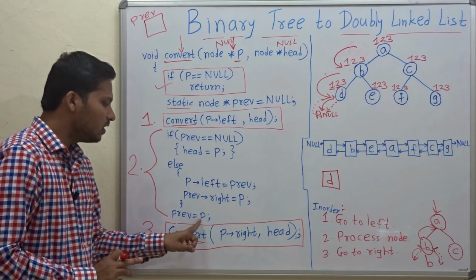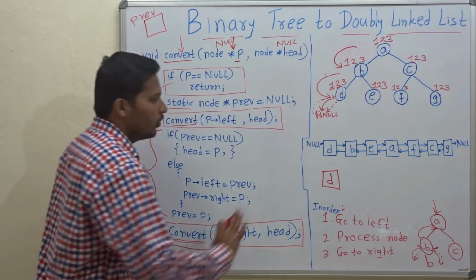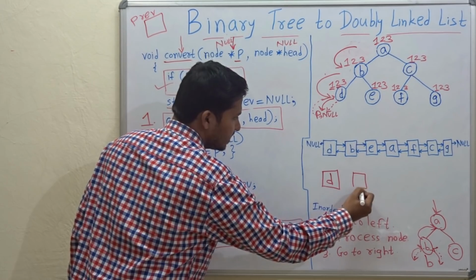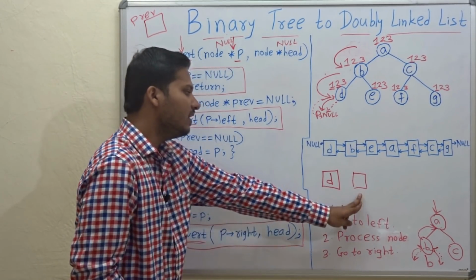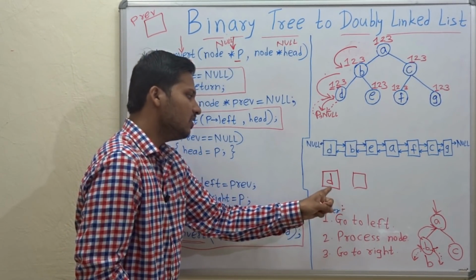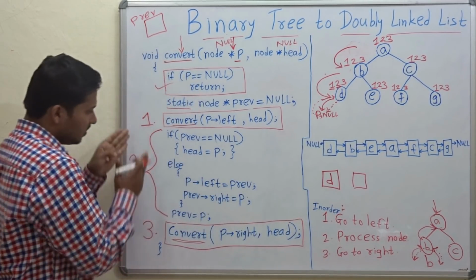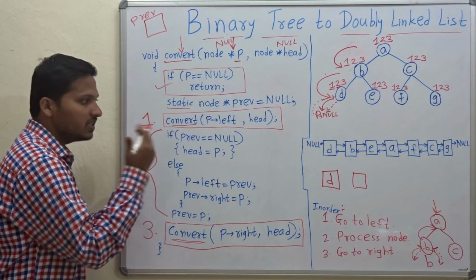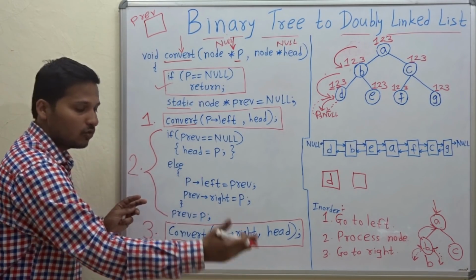Now previous equal to P. For the next node, whichever is going to come here, the previous is the current node, right? The current node which we are going to process will be the previous node for the next node.